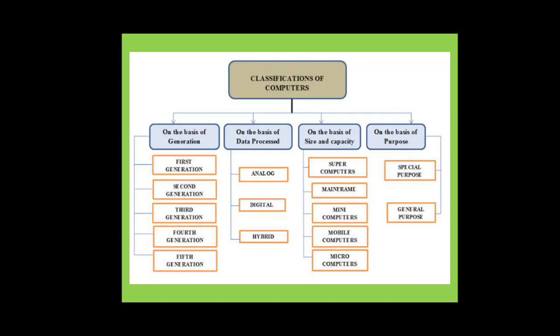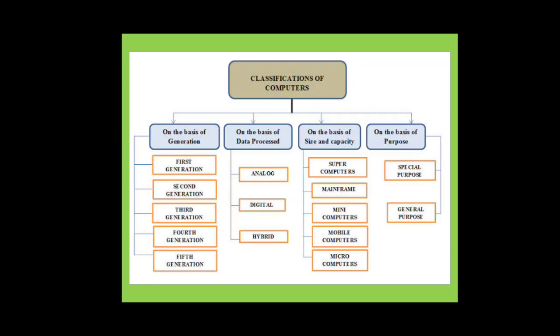The next one is on the basis of data processed, that is, on the basis of types. What are the types of computers we have? The third one is on the basis of size and capacity. We have many sizes of computers, and we are going to see them in this lesson too.